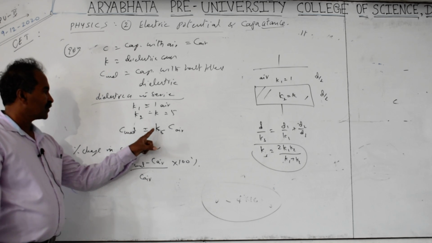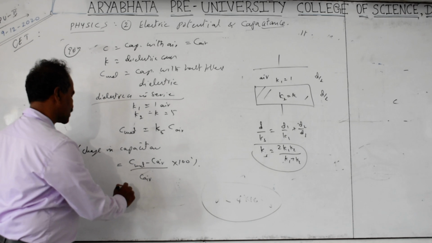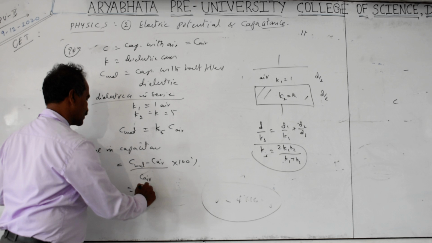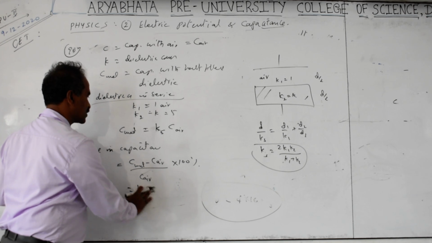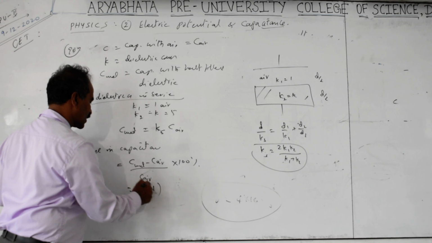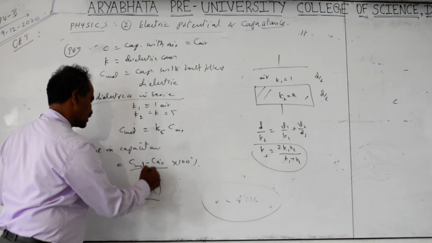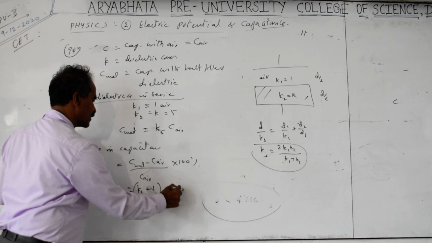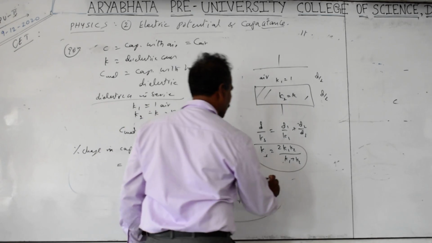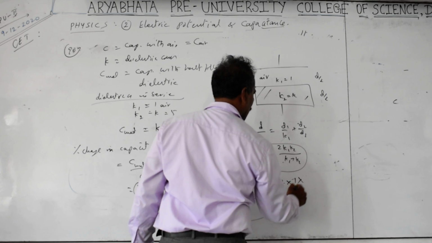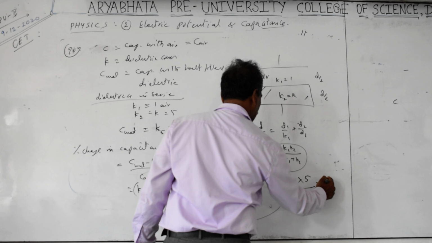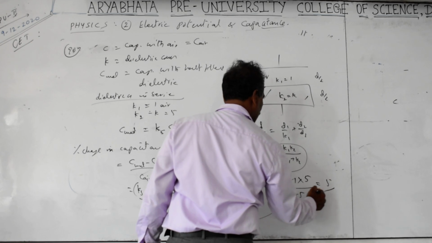C medium is equal to K series into C air. Taking C air common, we get (K series minus 1) into 100%, since C air cancels. K series you have to find out. K series is equal to 2 into K1, which is 1, into K2, which is 5, by (1 plus 5). That is 10 by 6, which means 5 by 3.